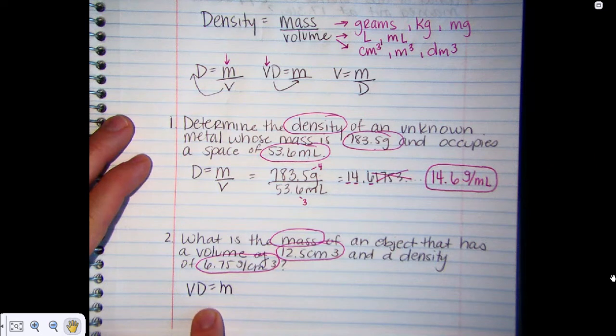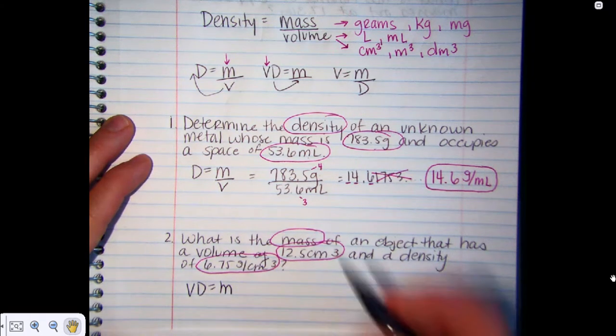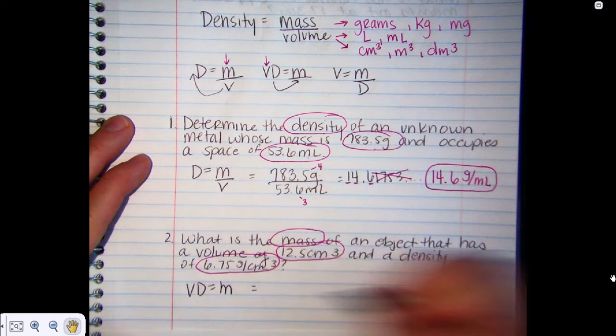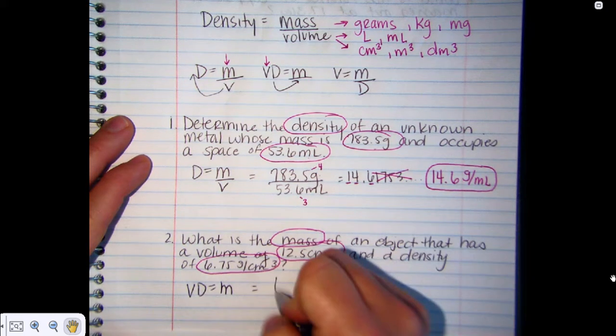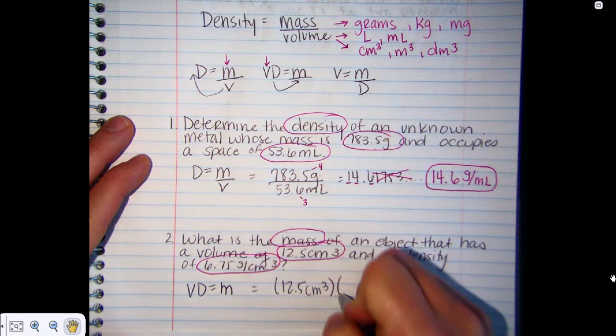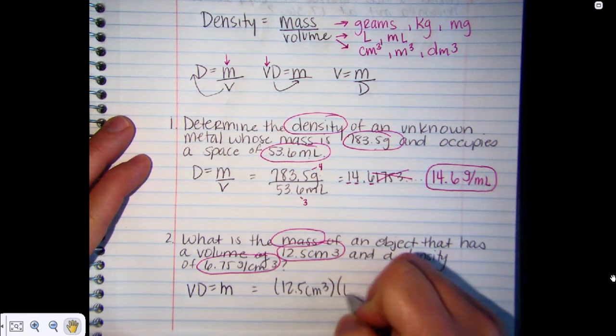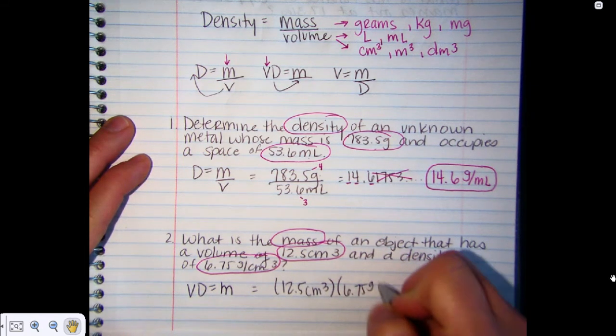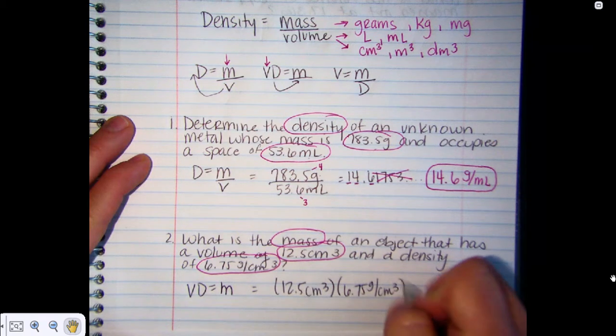So VD equals M. I'm going to plug in my volume, which was 12.5 centimeters cubed, and my density, which is 6.75 grams per centimeter cubed.